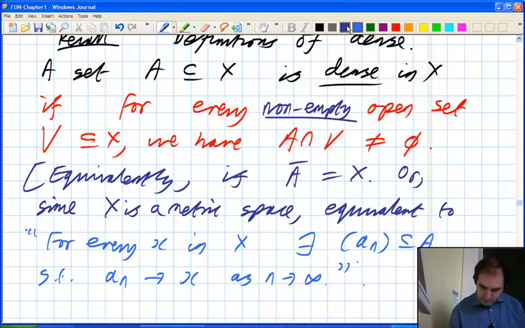And that's quite a useful notion of density, or denseness maybe, using sequences.